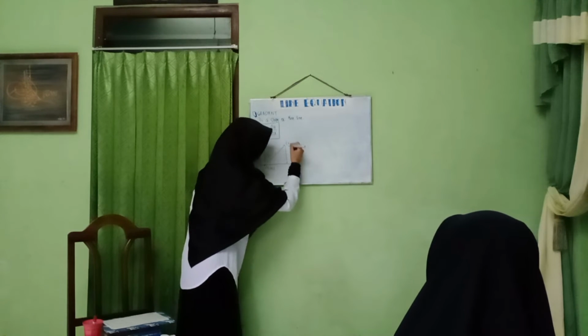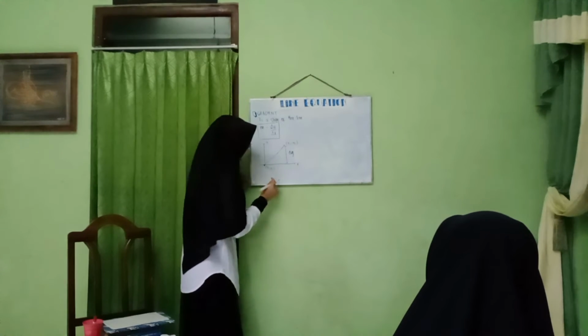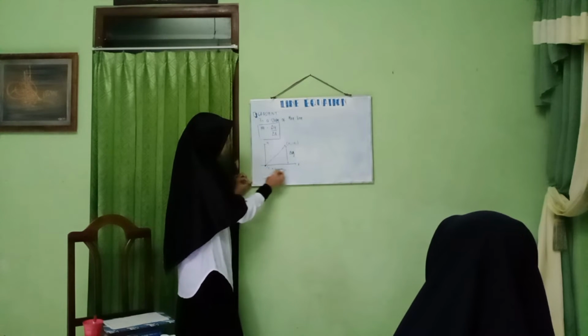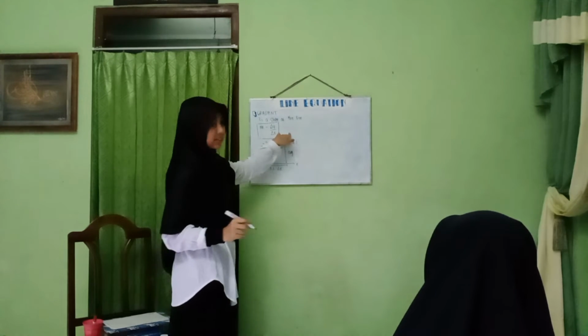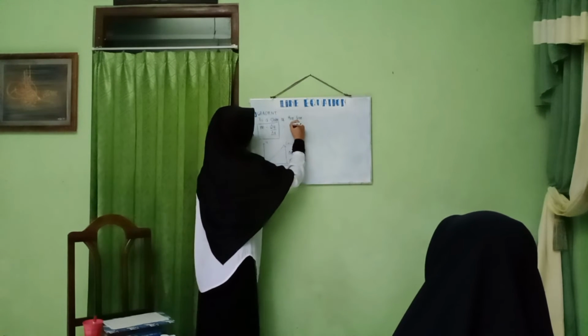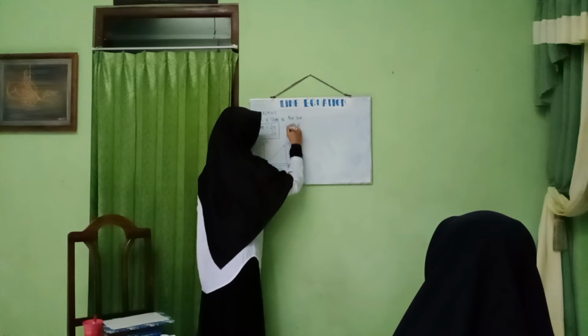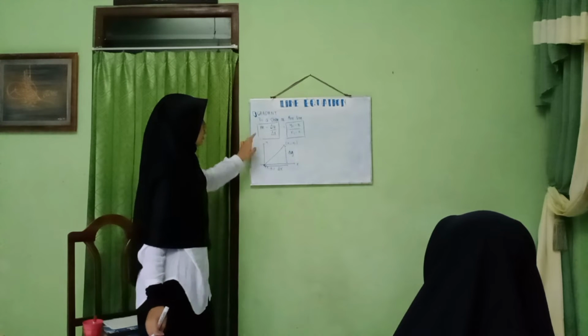This is delta y. And delta x is from this point until this point. This is delta x. So we can rewrite this as y2 minus y1 over x2 minus x1. This is the other form for finding a gradient.